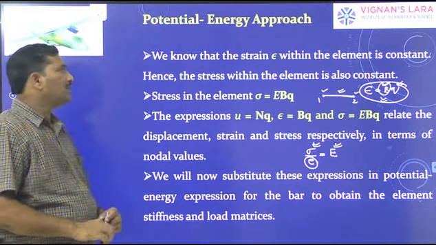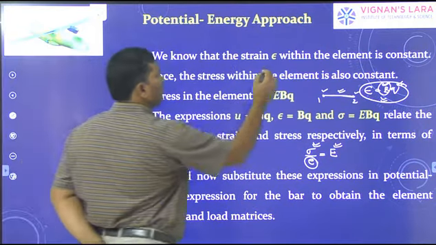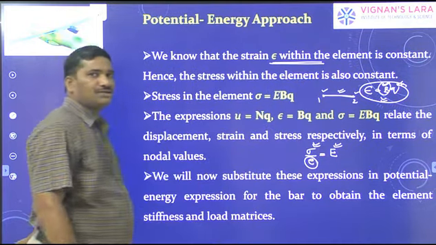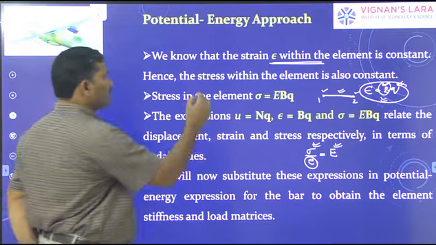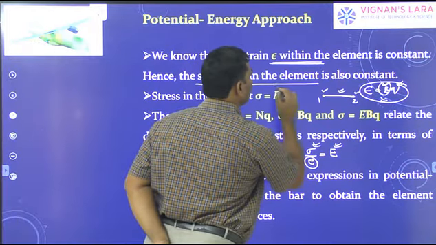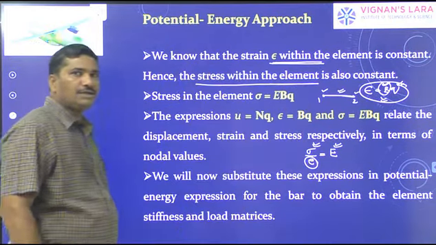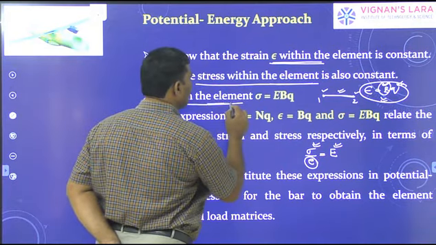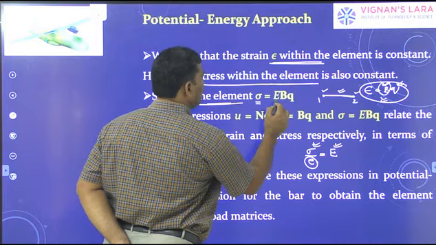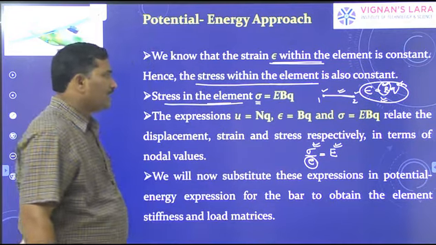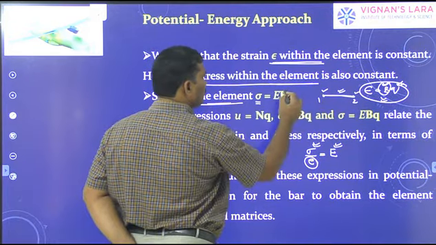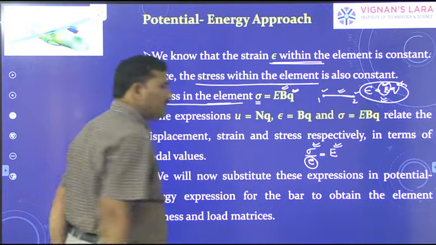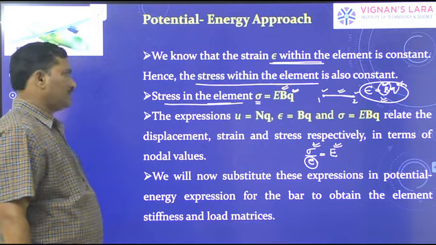This is the reason why the strain within the one-dimensional element is constant. Right? The stress within the element, denoted by sigma, equals EBQ, because epsilon equals B into Q. B is the strain displacement matrix and Q is the element displacement vector.